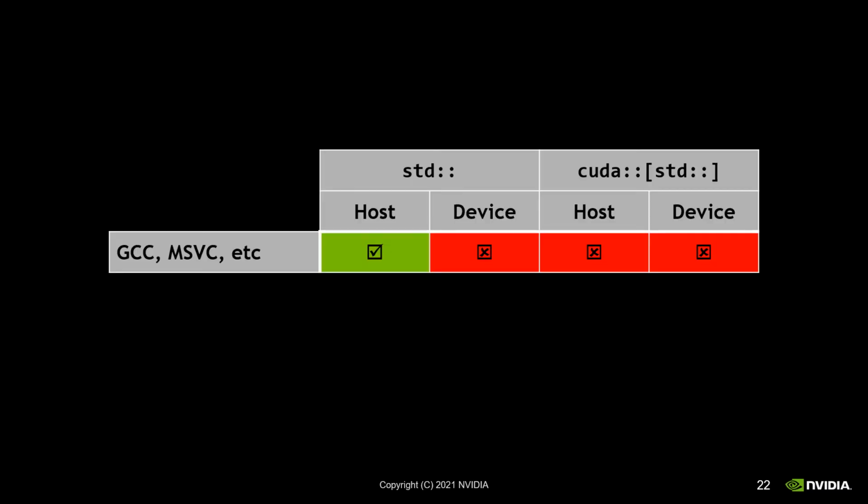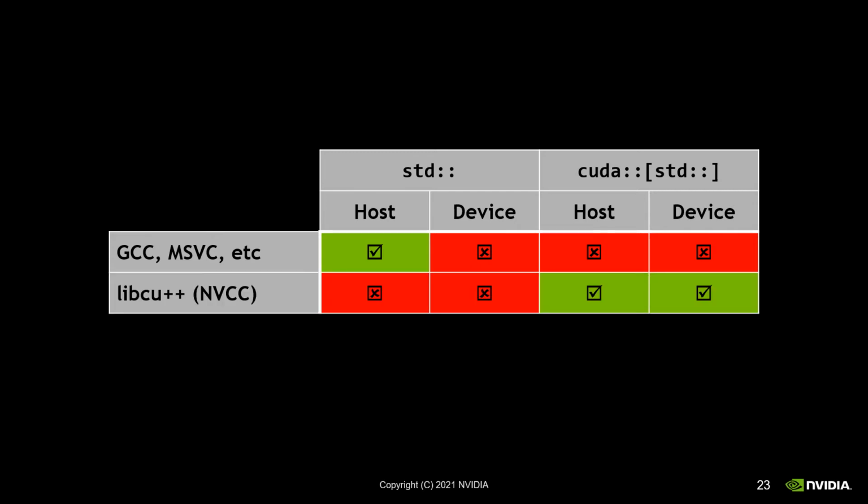To summarize, a homogeneous ISO C++ standard library like GCC's or MSVC's provides an implementation of STD that only works in host code. Libcu++ provides an implementation of CUDA and CUDA STD that works in host and device code, but it doesn't provide any part of STD.